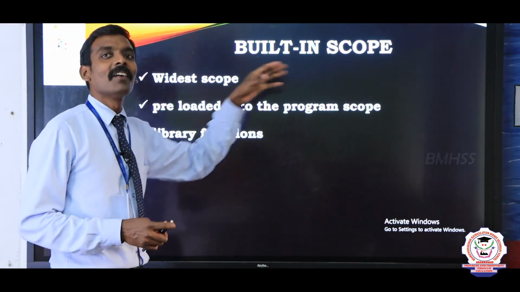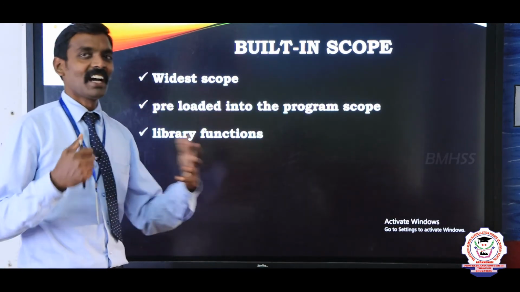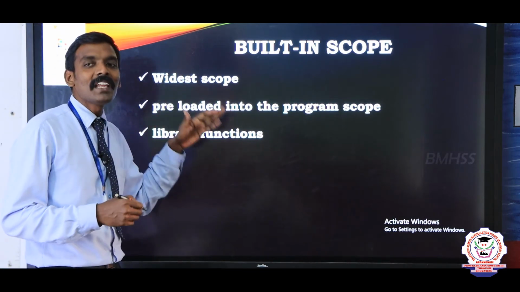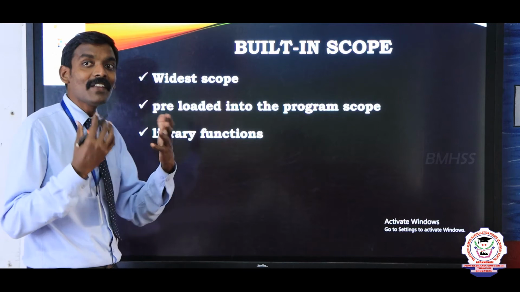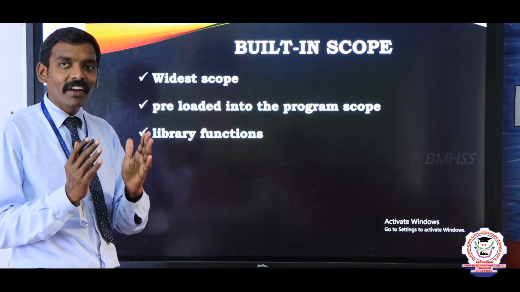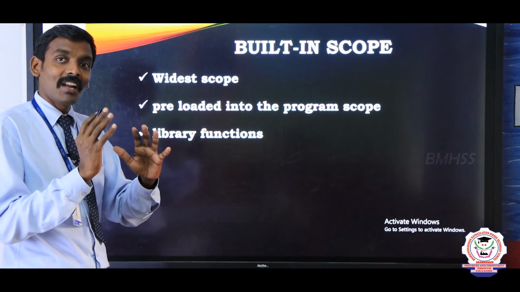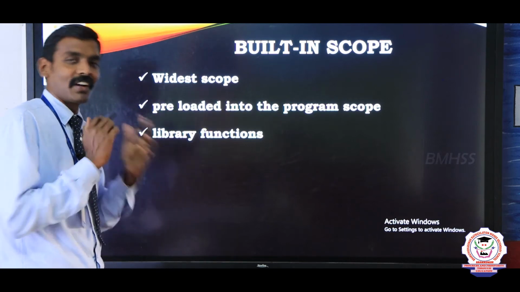Next we see the built-in scope. What is the meaning of built-in scope? Built-in means already we know that it is preloaded or predefined. Already defined instructions that do some task can be loaded in a library function.